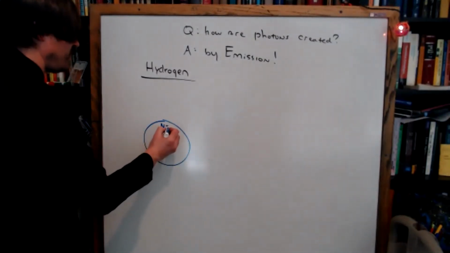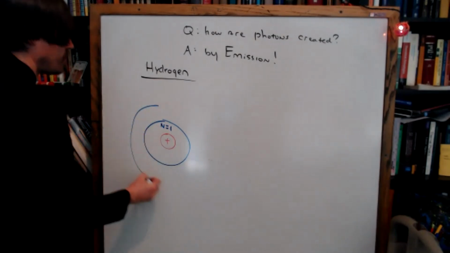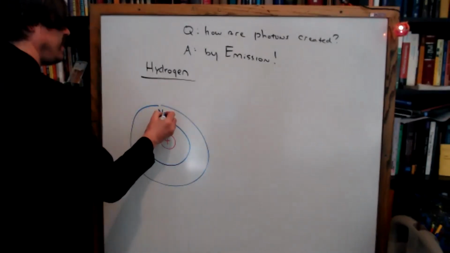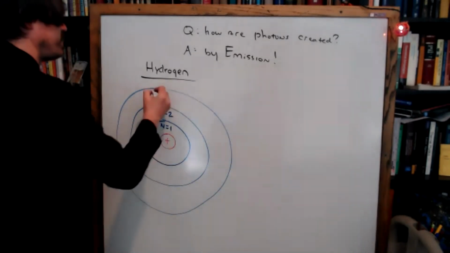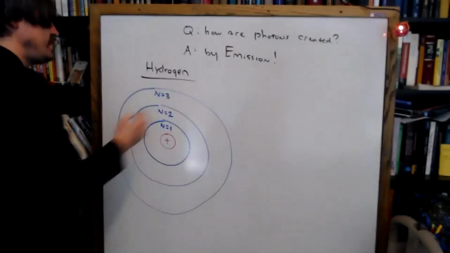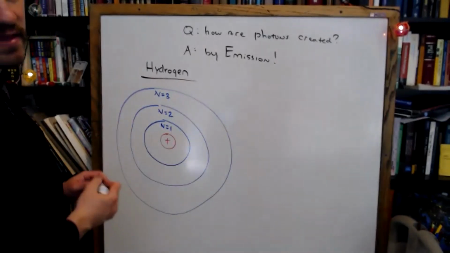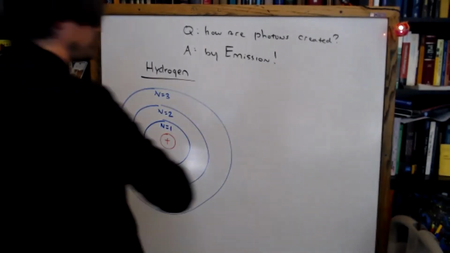Here's an orbit, the n equals 1 state. Here's another orbit, the n equals 2 state. Here's a third orbit, the n equals 3 state. And there are other orbits beyond these ones as well.